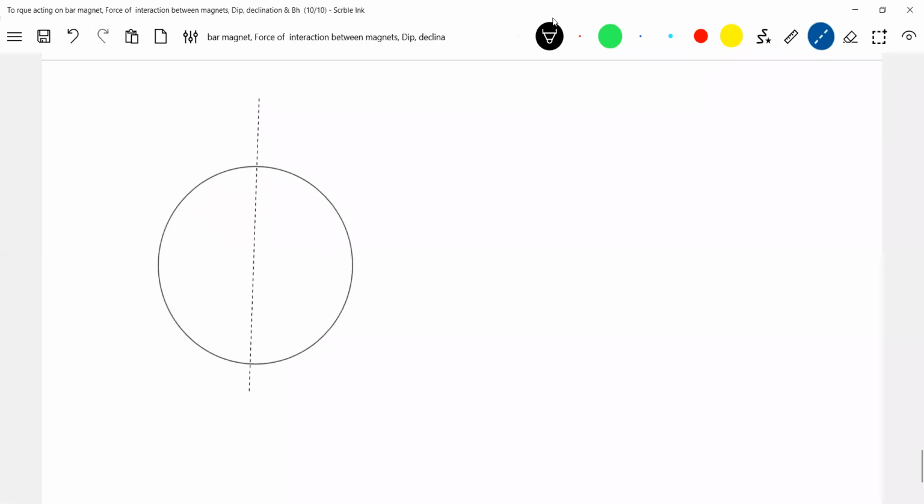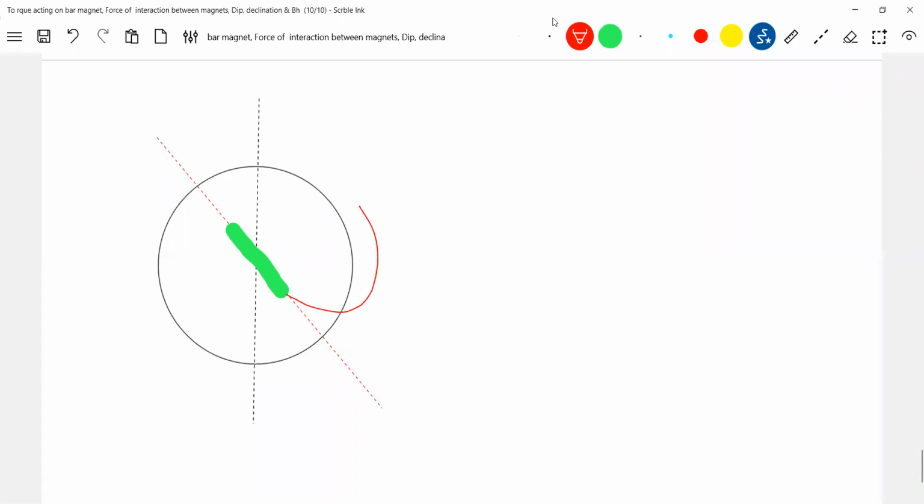If you look at the basic Earth's magnetic field, this is a bar magnet. How will the lines of force be? The lines of force will be like this.